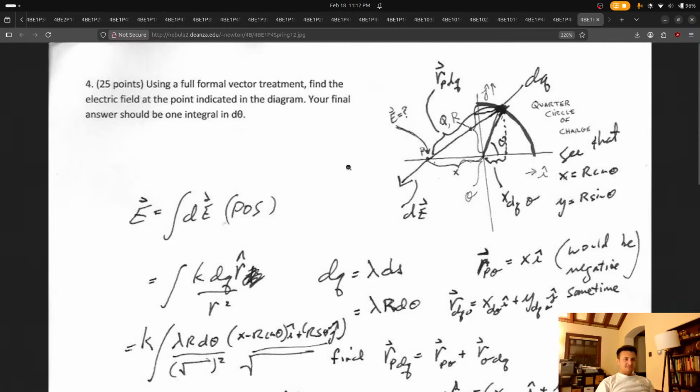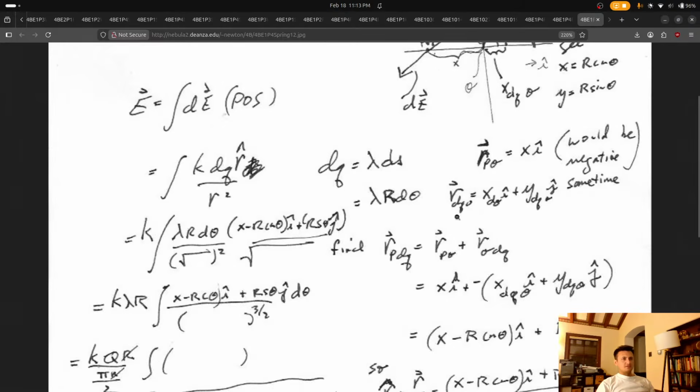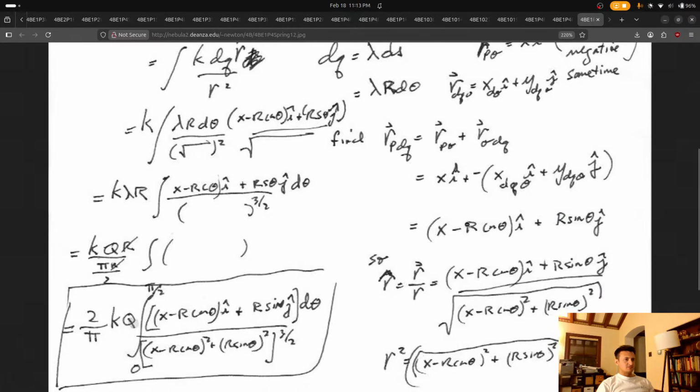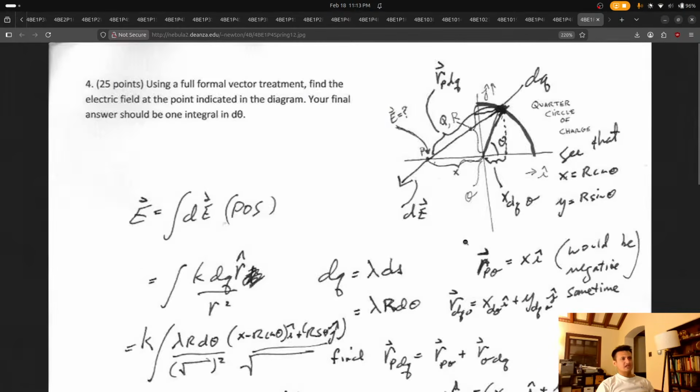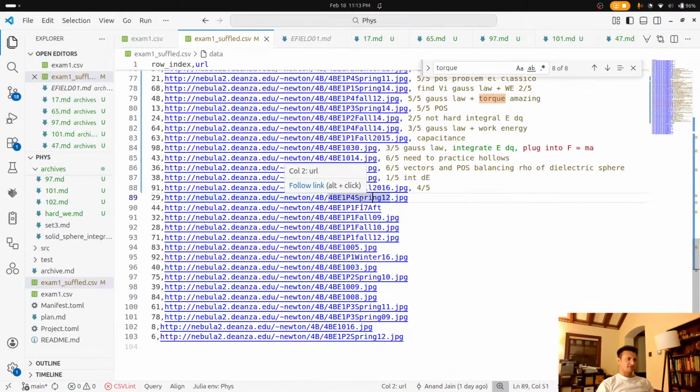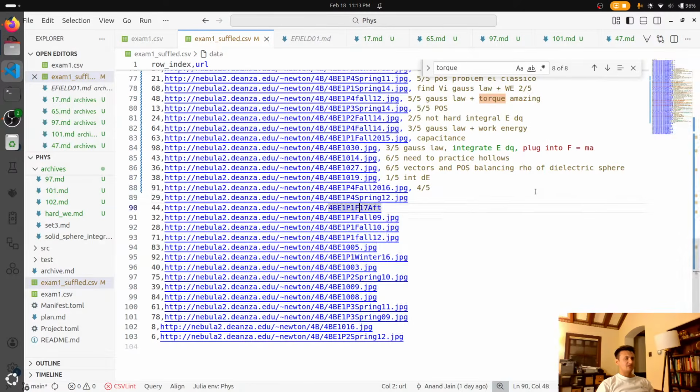Why is it minus? No, because this is going to be negative. Yeah. Need to always do these vectors, bro. Okay, I don't think that I have really much of a problem with that. Let's look at 2.